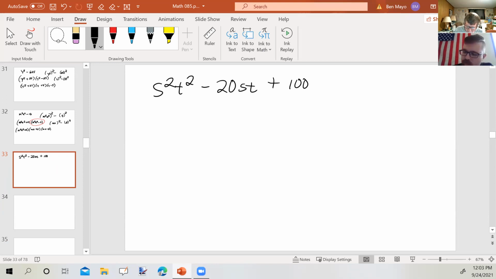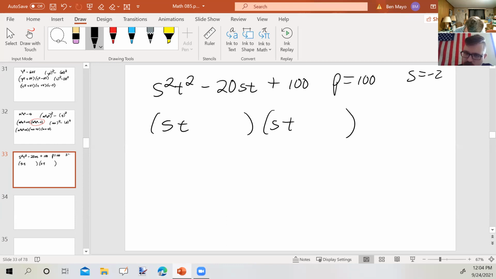But it has a leading coefficient of 1. So this actually goes all the way back to section 6.2. So we're not going to have to use grouping or the trial and check. We're just going to say, well, the product is 100. The sum is negative 20. How about negative 10 and negative 10?